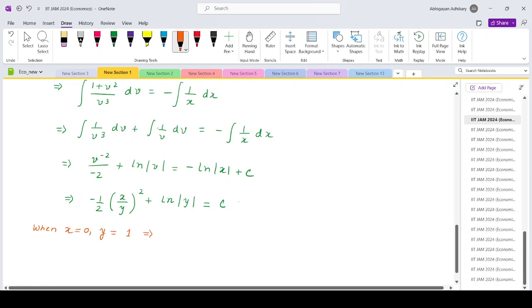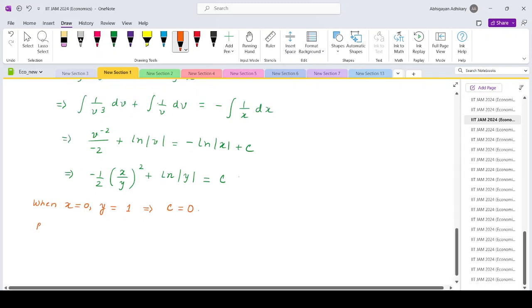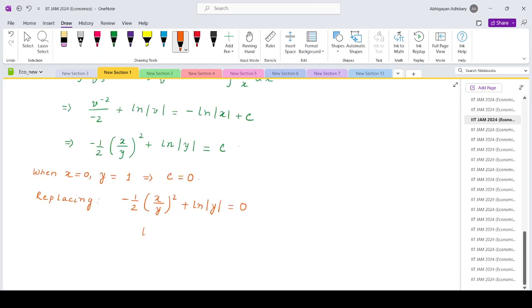So if we replace the value, x is 0, the first term is 0, y is 1, so that makes c as 0. So if we replace it, it's basically minus half into (x by y) whole squared plus log of mod y is equal to 0.